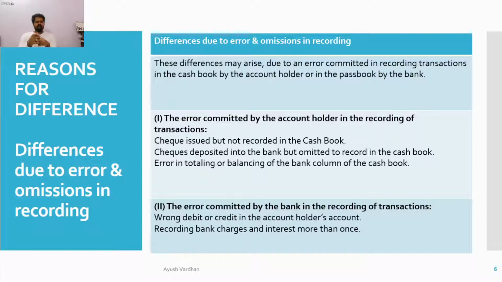Sometimes you make a wrong entry in the cash book, or the bank makes a wrong entry in the passbook. So this could be a reason that differences may occur. We have to see why the mistake has happened and what could be done to resolve these mistakes.